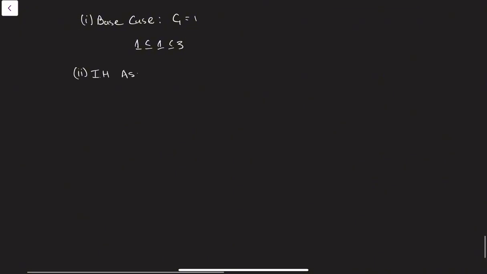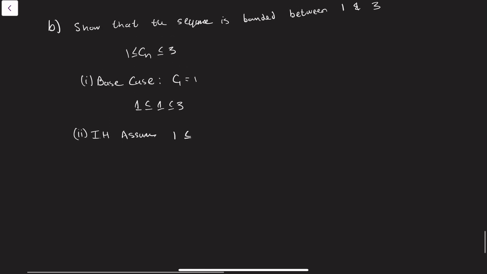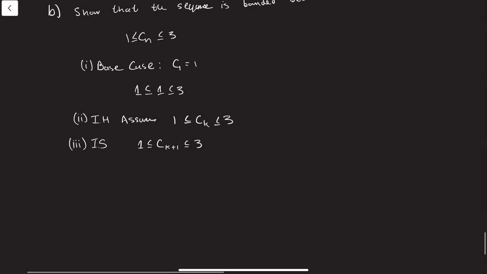Induction hypothesis. We're going to assume that 1 is less than or equal to Ck, which is less than or equal to 3. Perfect. And last but not least, the induction step. We're going to show that 1 is less than or equal to C(k+1), which is less than or equal to 3.